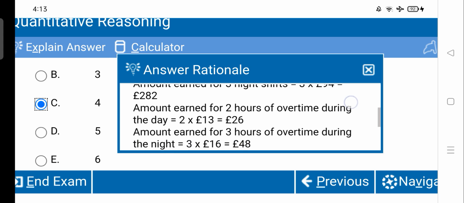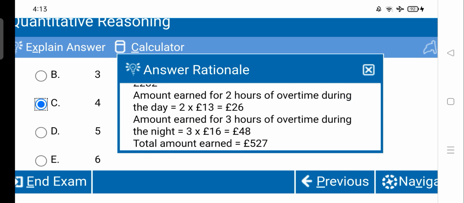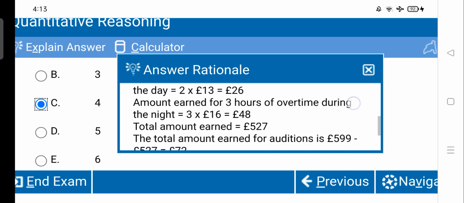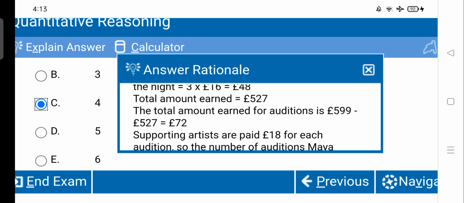Amount earned for 2 hours of overtime during the day equals 2 into 13 pounds equals 26 pounds. The amount earned for 3 hours of overtime during the night equals 3 into 16 pounds equals 48 pounds. So the total amount earned equals 527 pounds.